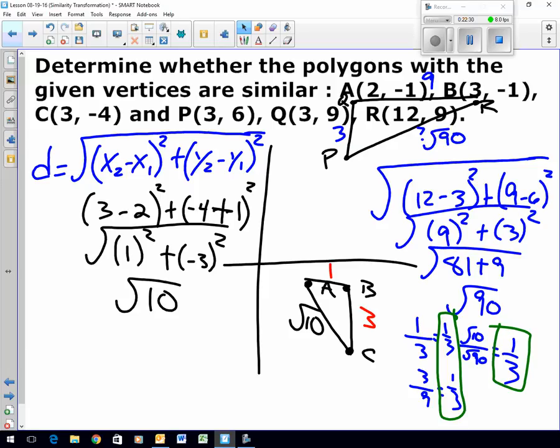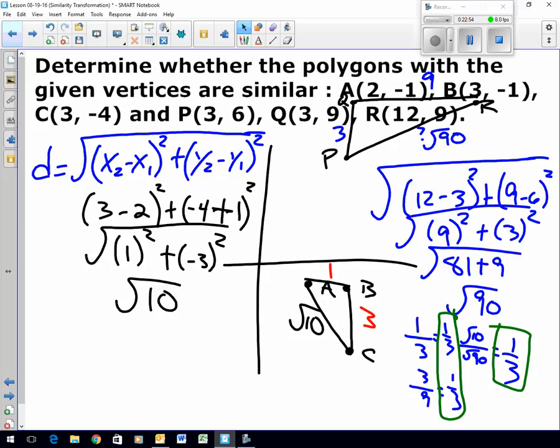What the lesson is. So, do they have proportional sizes? Did I end up with the same ratios among the 3 sides? If I have the same ratios among the 3 sides, then I have proportional. Okay?